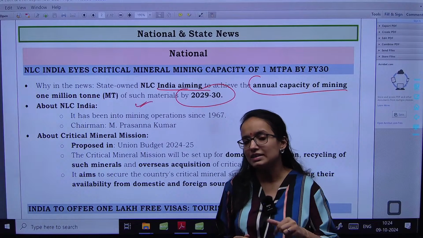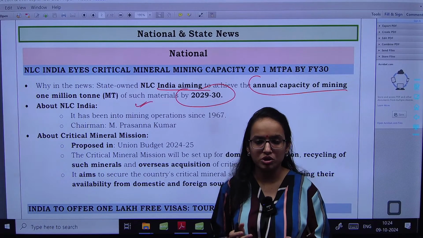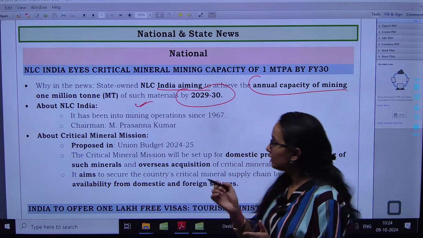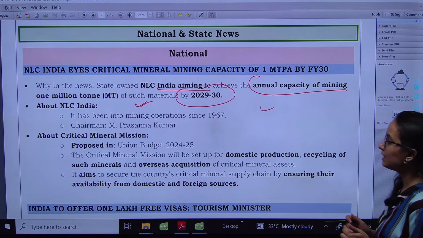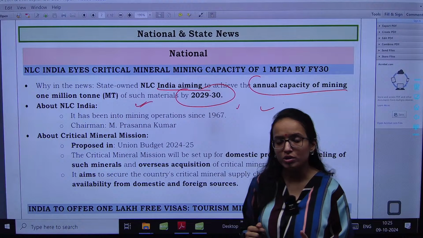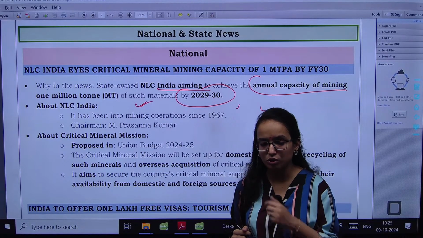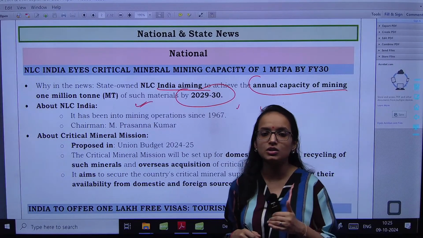So Neyveli Lignite Corporation for a long time has been working towards mineral exploration. Now the new target is that they want to achieve annual capacity of mining 1 million ton of critical minerals by 2029-30. If you have been following current affairs for a good period of time, you must know that critical minerals are constantly in the news, right?